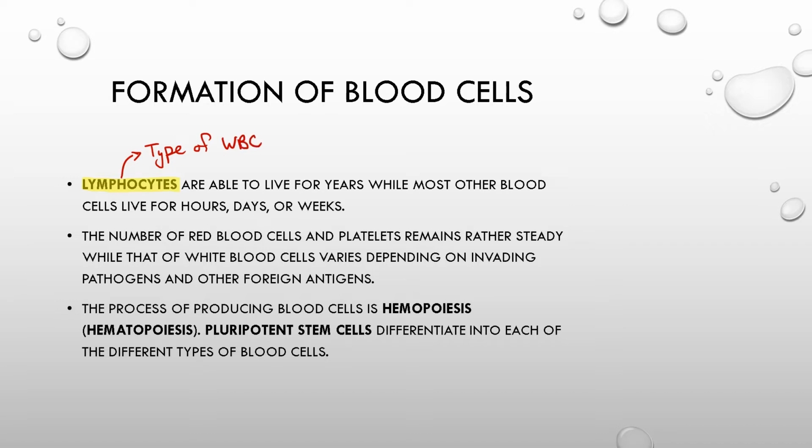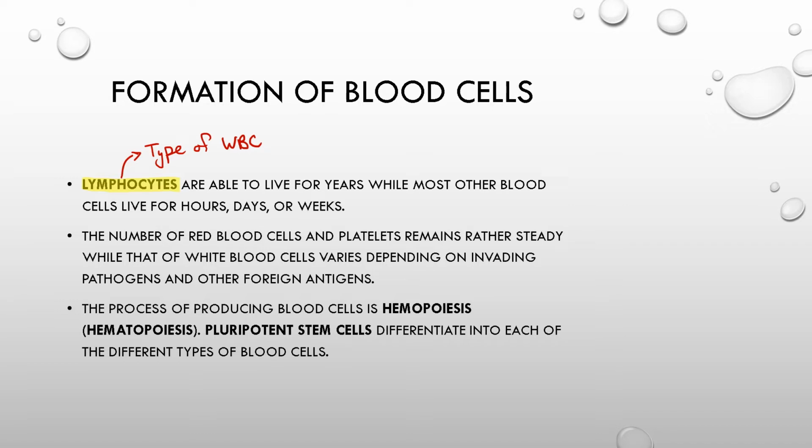So a single type of white blood cell can sometimes last years, but most types of blood cells only last for hours or days. Now, negative feedback systems will regulate the total number of red blood cells and platelets in circulation, and so their numbers really remain quite steady.